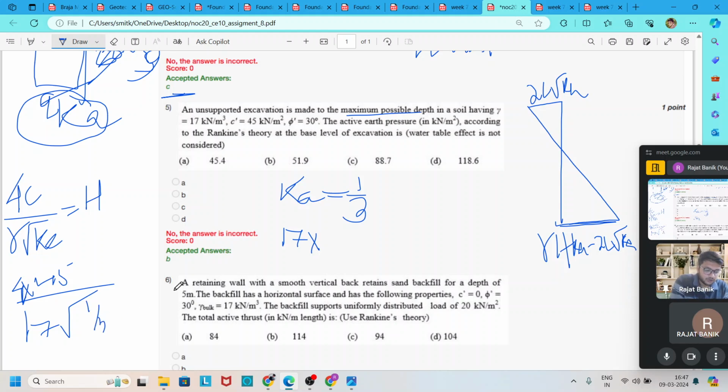So put all these values: 4 into 45 divided by 17 into root over 1 divided by 3.